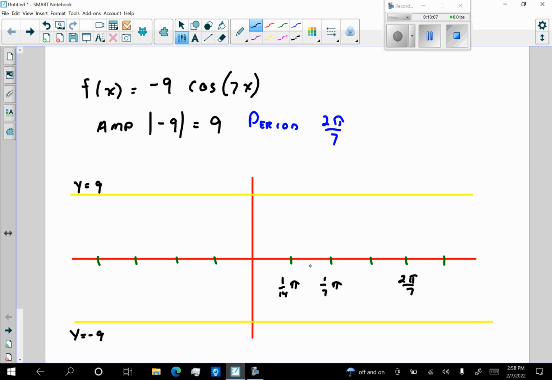Well, 1, 2, 3 fourths, or 14ths: 1/14, 2/14, 3/14 pi. And going in the opposite direction, -1/14 pi, -1/7 pi. We definitely want to see the scaling of the x-axis and the scaling of the y-axis on the assessment. This is going to be 3/14 pi, and this is -2/7 pi.